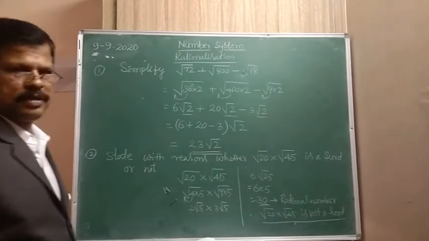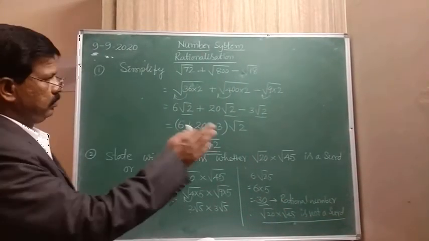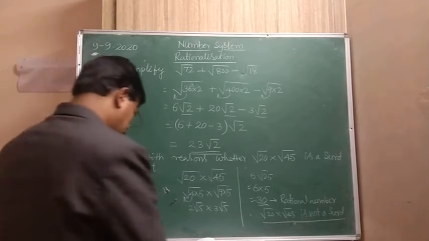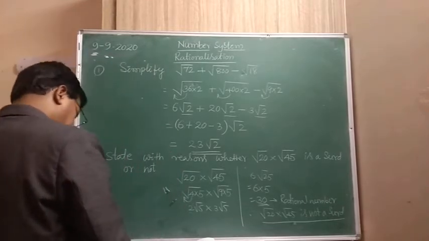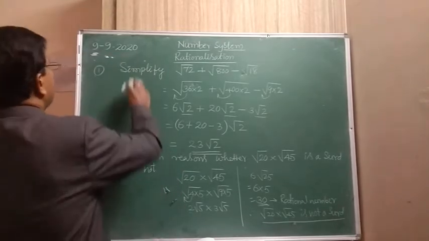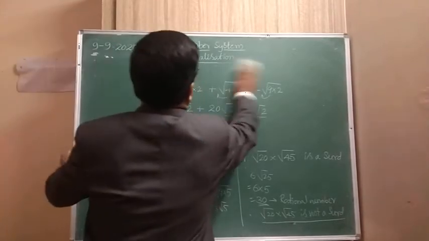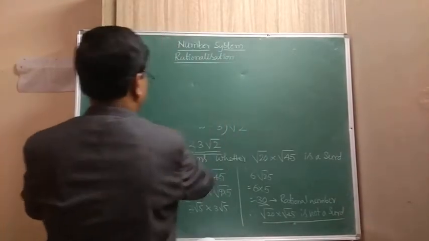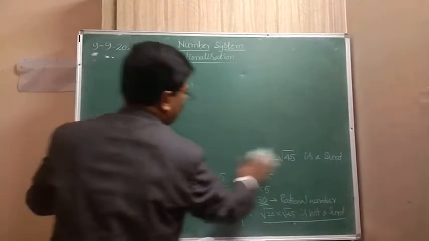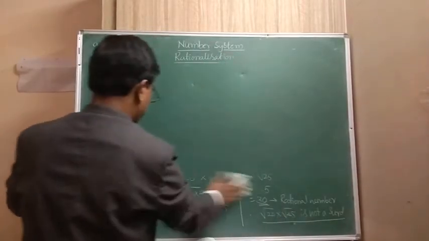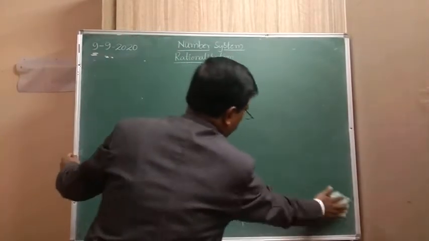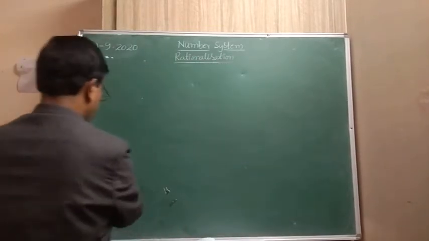Clear? So these are the types of questions. Now you know that a plus b into a minus b. In the last class we solved so many problems on that. Clear? Now I am taking another example.